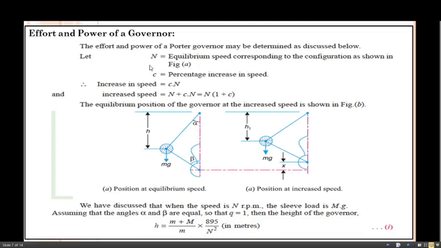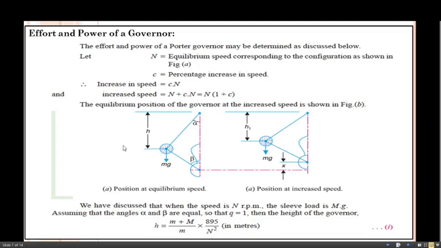So the increase in the speed is the product of the equilibrium speed and the percentage increase in the speed. The increased speed is the addition of the equilibrium speed and the increase in speed. So you can get the increased speed as N plus cN, or N into bracket 1 plus c.